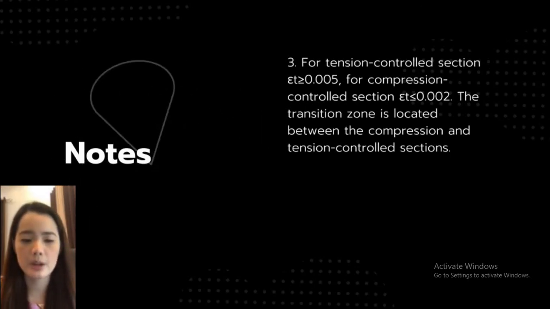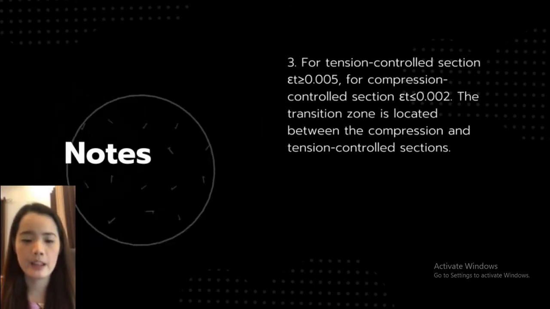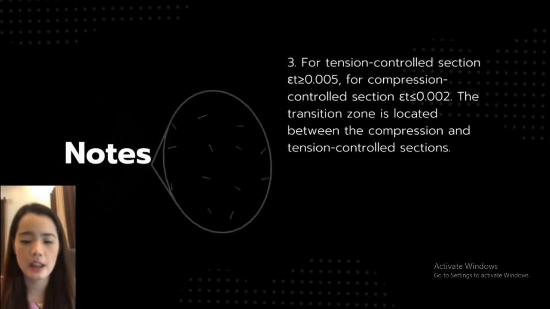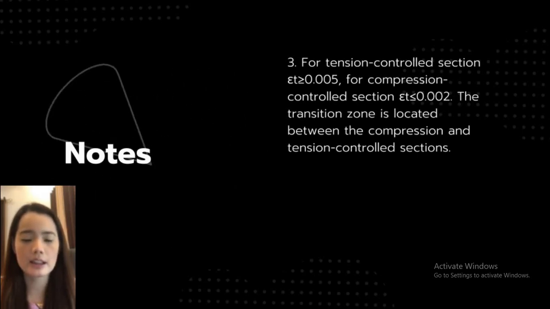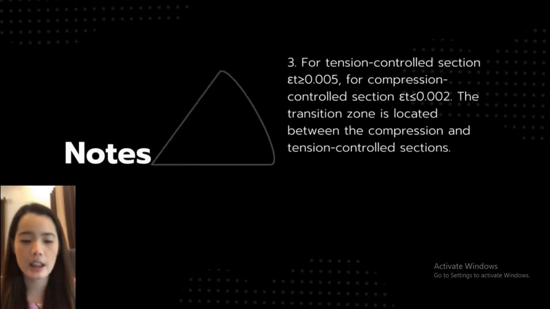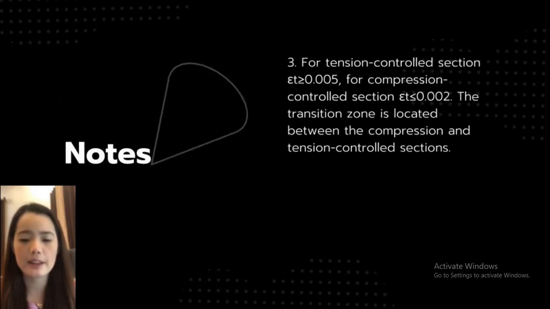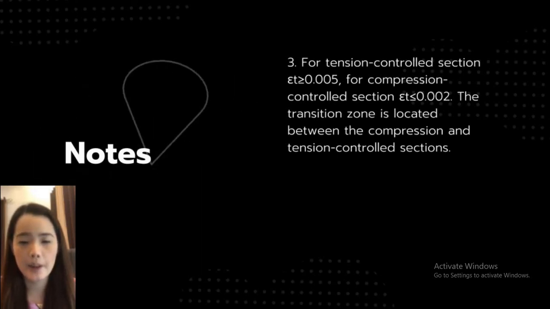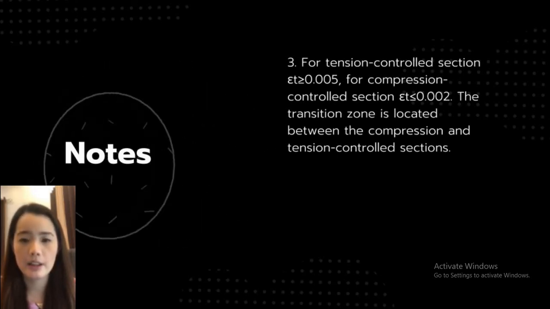Compression control beam or slab section. Given that the compression strain limit of concrete is 0.003 and the yield strain of grade 60 reinforcing steel is 0.002.